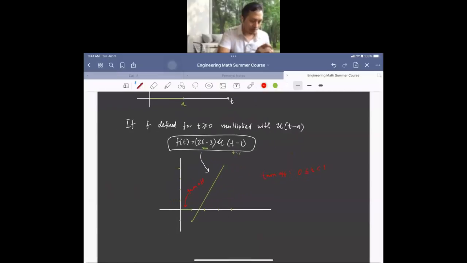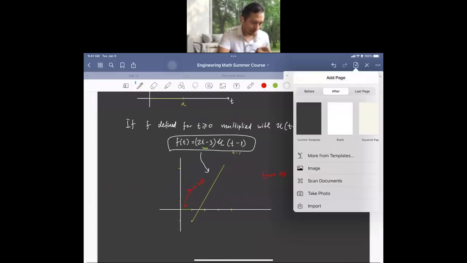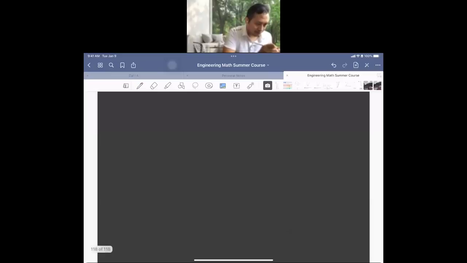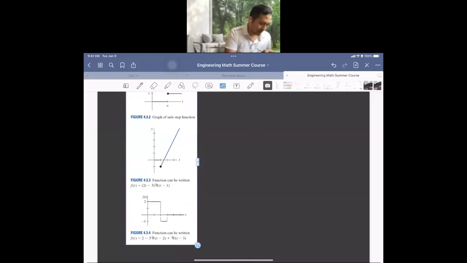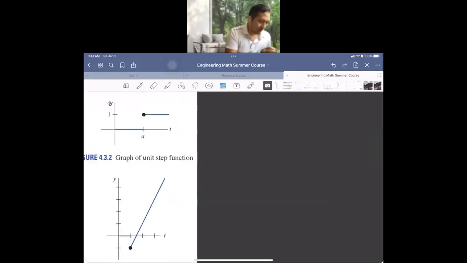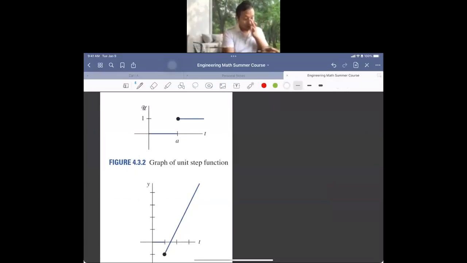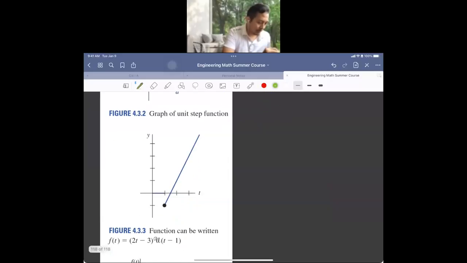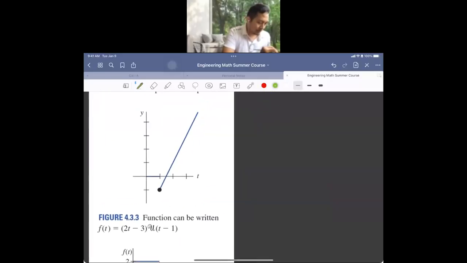Let me just plug in the graph. So if we see from this one, this is the definition of the Heaviside or unit step function, and if you have some function 2t minus 3 multiplied with this Heaviside, notice that this is turned off, right?